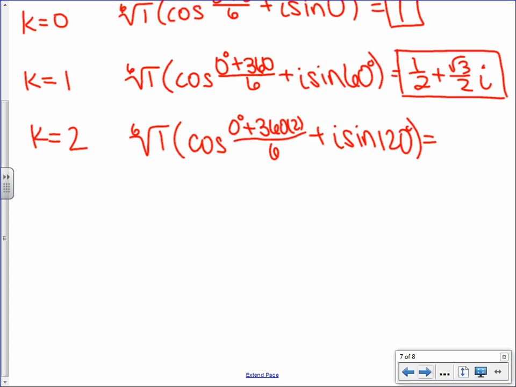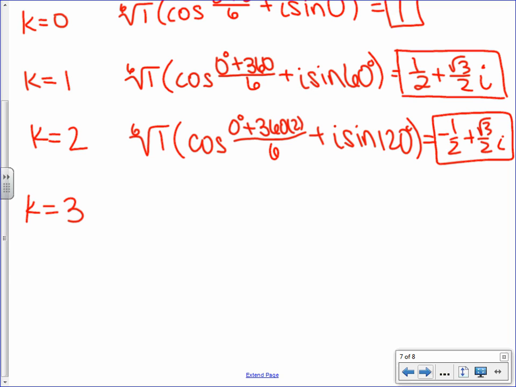Okay, so we have 1 times the cosine of 120. What's the cosine of 120? Negative 1/2. Plus 1 times the sine of 120. We take that number to the sixth, we should get 1.